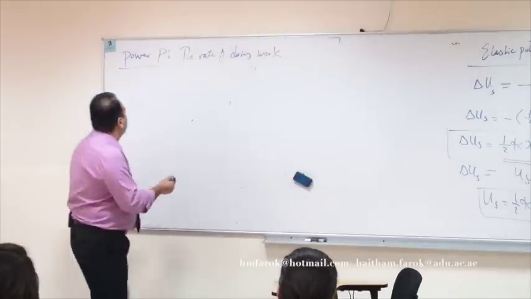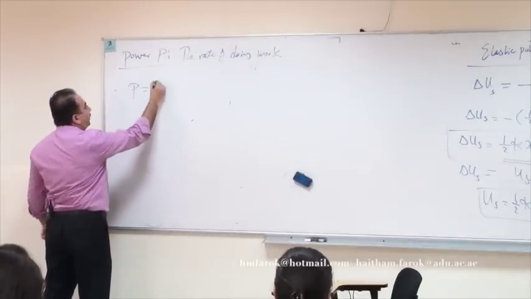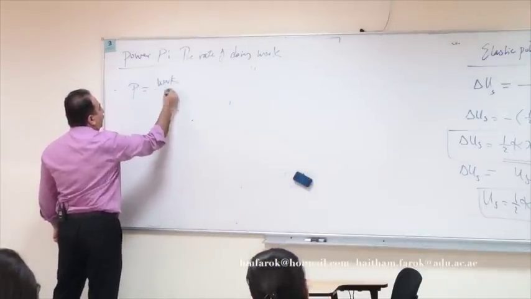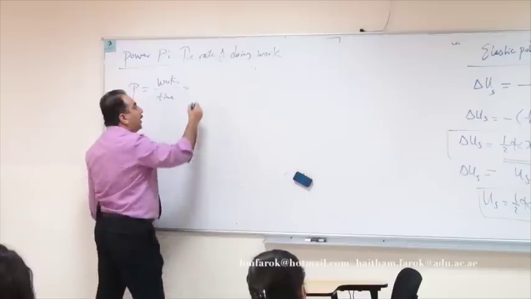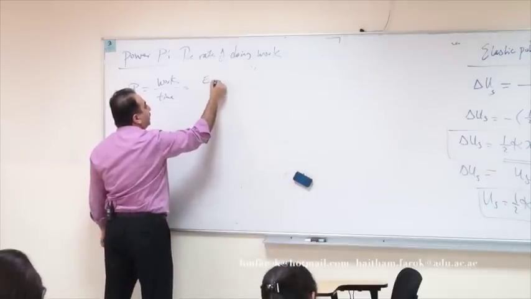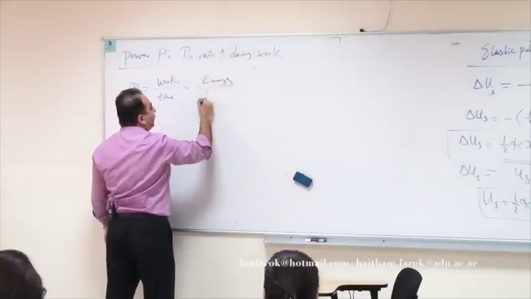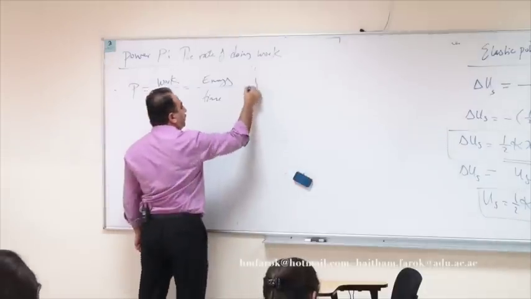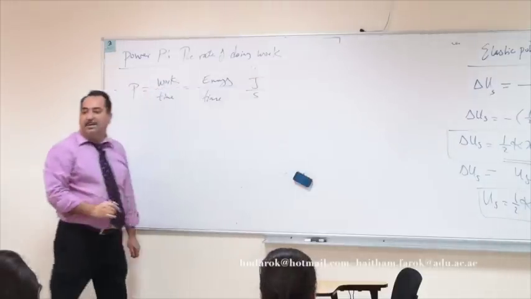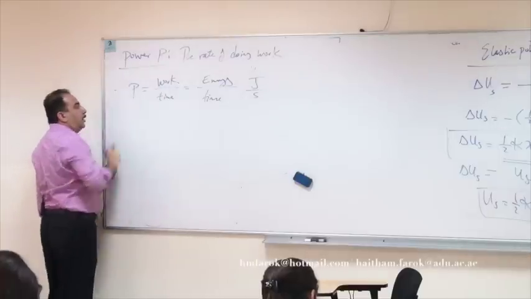Work over time. So P, power, is work over time. And don't forget, work is a transfer of energy, so it's energy over time. What's the unit? Joule per second.